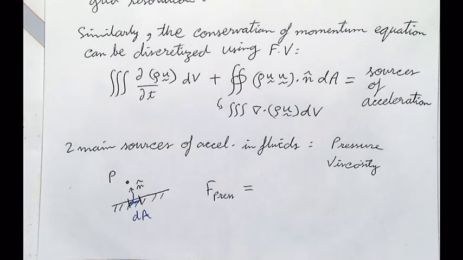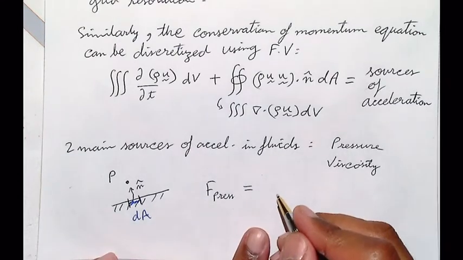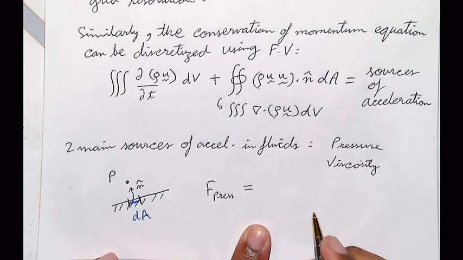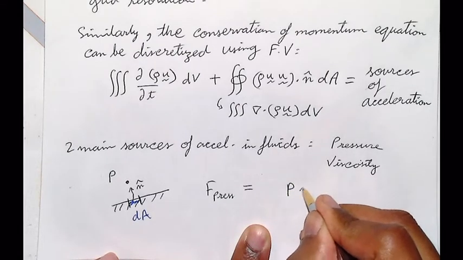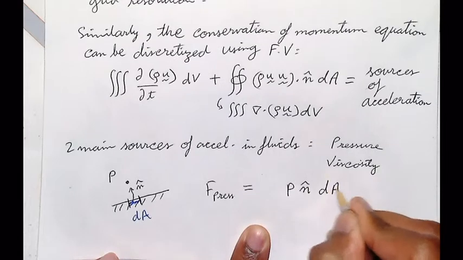F pressure is equal to the integral of P times dA times N, so P N dA. Plus or minus?